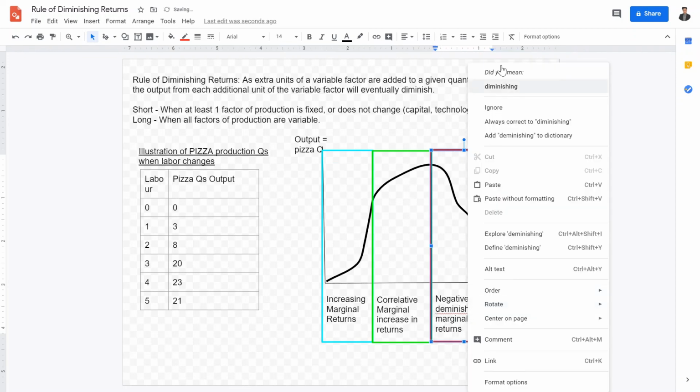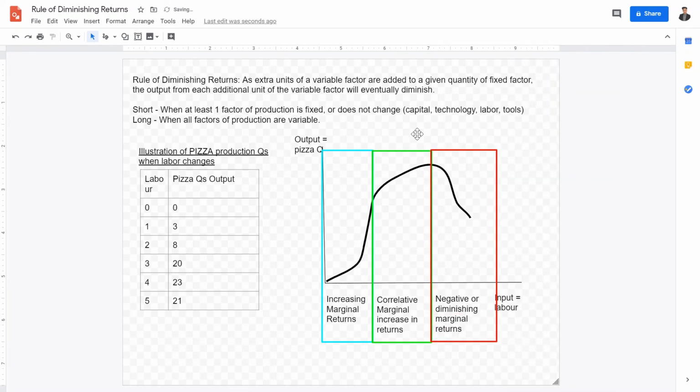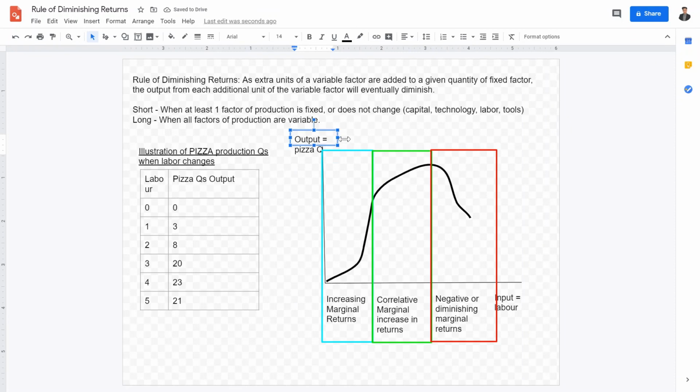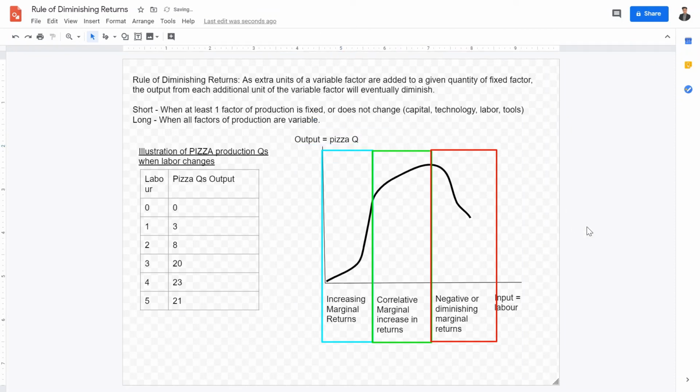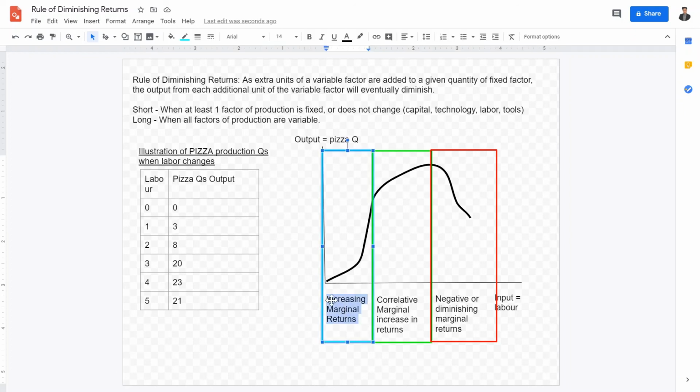Now, in addition to economics, we could also see the concept of diminishing marginal returns in other areas. For example, I'm assuming you're an IB economics student, so you're studying for a test, right? If you study for 1 hour, you will be increasing in marginal returns. You will be able to increase your score by a lot. If you study for 3 hours, perhaps you're able to increase your test score.